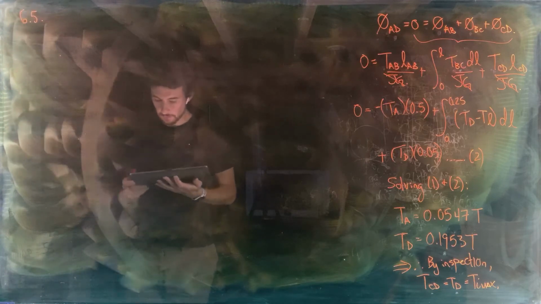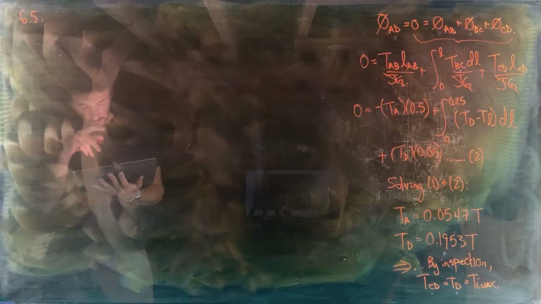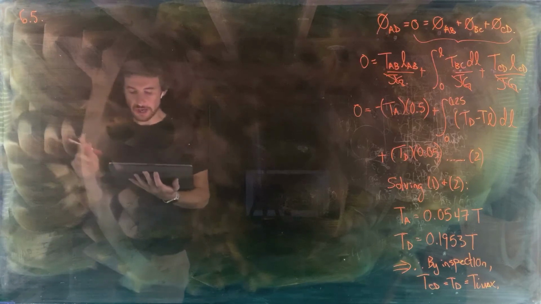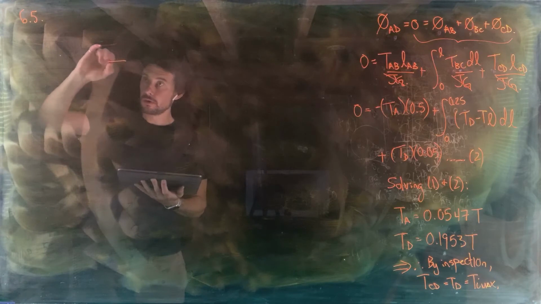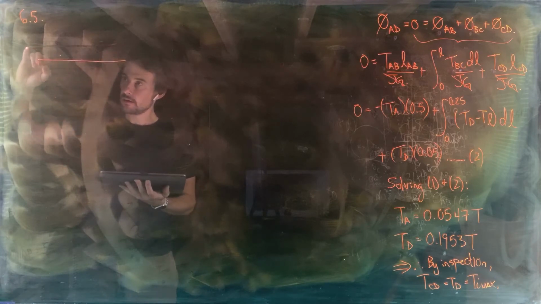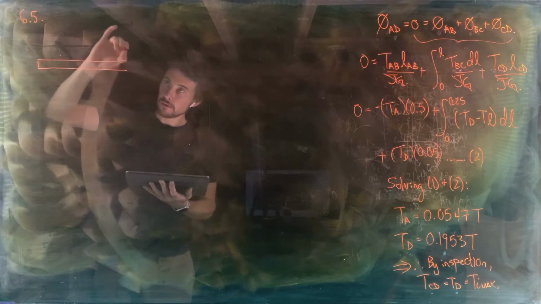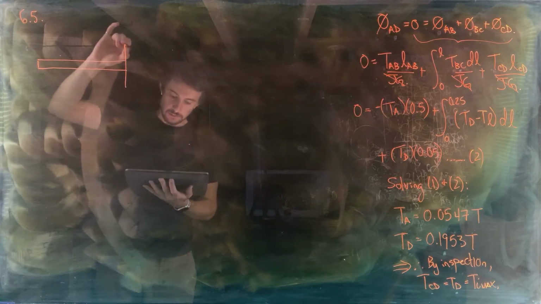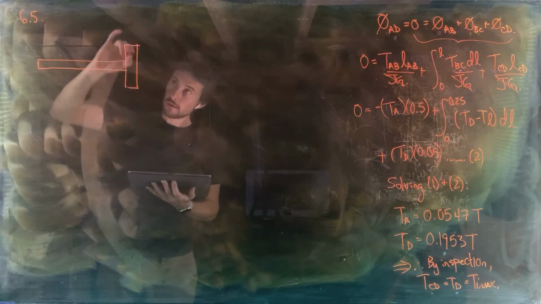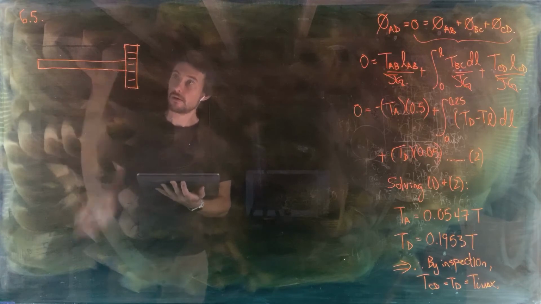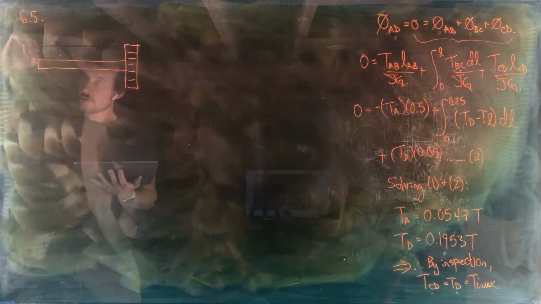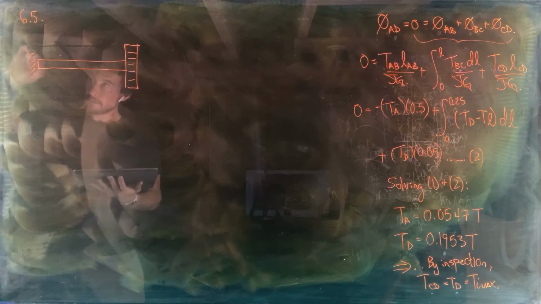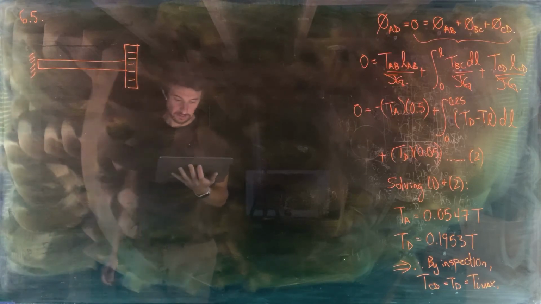Okay, this is problem 6.5 from the book. In this problem, we have 2 shafts that are connected by gears. So we've got one shaft here with a gear on the end of it, and that shaft is rigidly fixed at that end like that.